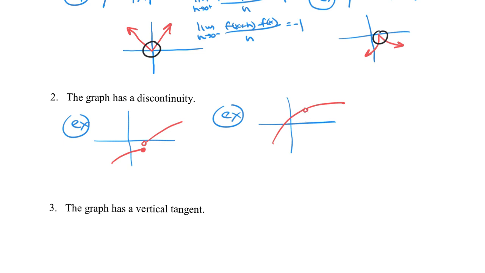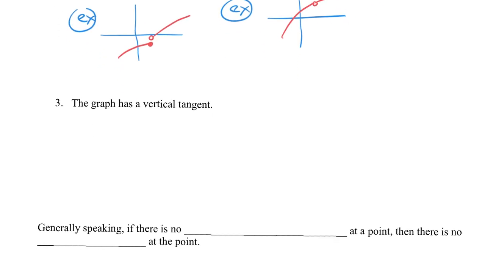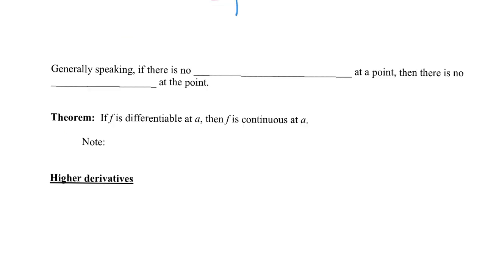And then one more thing that could happen, the graph could have a vertical tangent. As an example, let's say you have the function y equals the cube root of x. If you graph this one, it's sort of like x cubed, but on the other axis, so it goes like this. Well, there's a vertical tangent right here. So this function is not differentiable at 0.